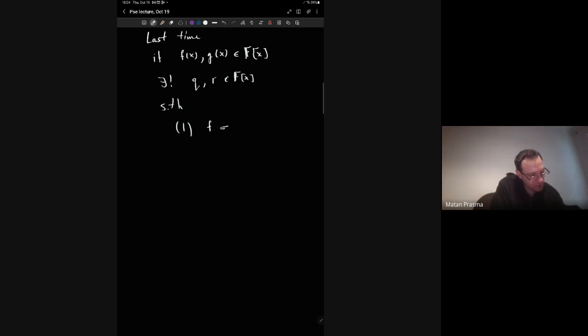So if we have two polynomials, let's say f and g, with coefficients in some field F, so this is like the set of all polynomials F[x], we proved that there exist unique polynomials q and r in F[x] such that f is equal to gq plus r, and 2, the degree of r is strictly smaller than the degree of g.